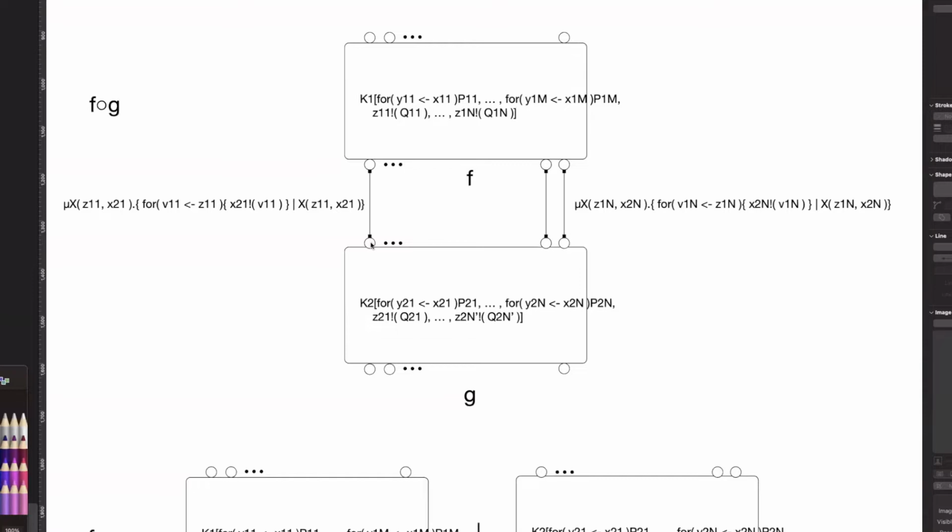Now, the thing that I need to clean up, and this goes back to Samson's slogan, parallel composition plus hiding.